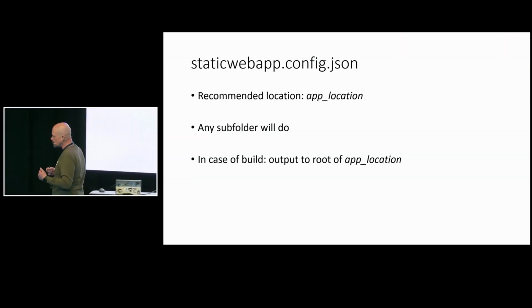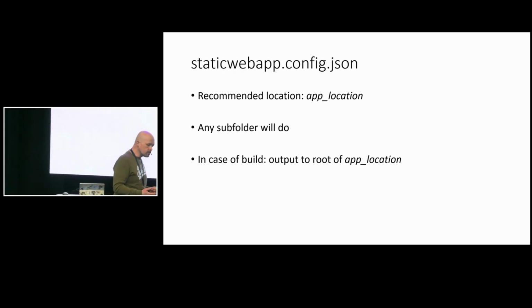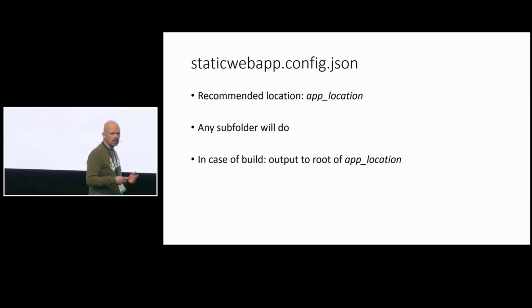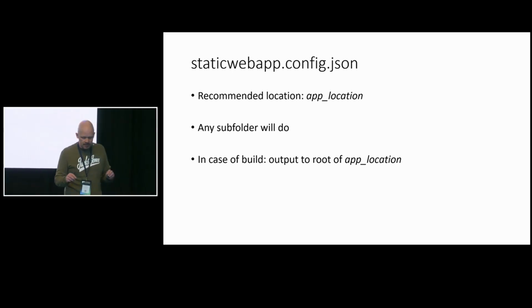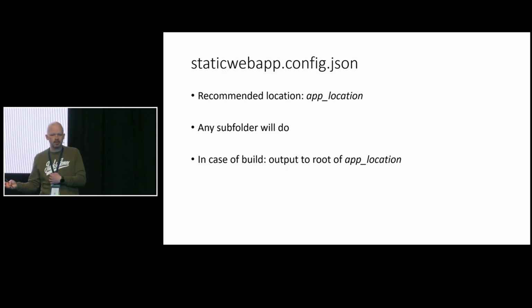Now, I already talked a little bit about authentication and the fact that we have the possibility of opening up certain parts of the application to only registered people. Well, we can do so in staticwebapp.config.json. Where normally this kind of configuration is done in the Azure portal itself, for this specific service, they have really explicitly chosen a JSON file for configuration because that fits so much better in the day-to-day workflow of full-stack developers for web applications.